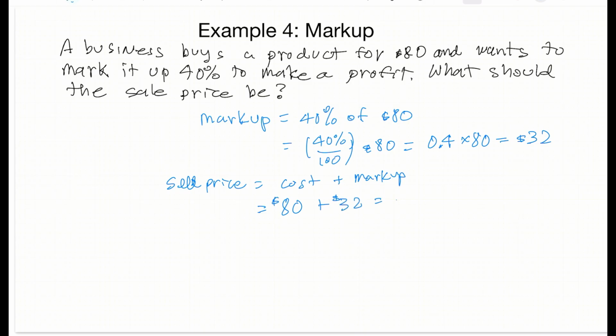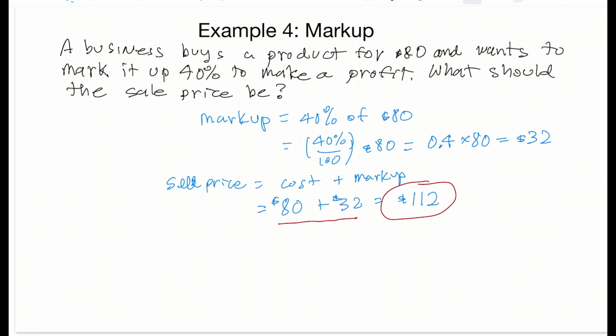So the new sale price is $112, so they're going to have to sell this item for $112 to make their $32. That's the difference: 112 minus 80 is equal to 32. So that's going to be their gross profit.